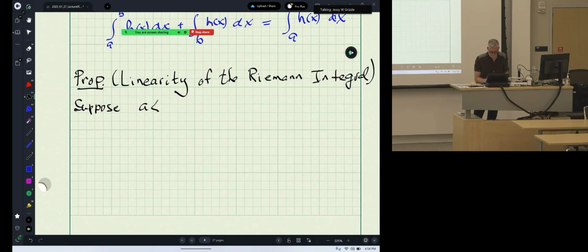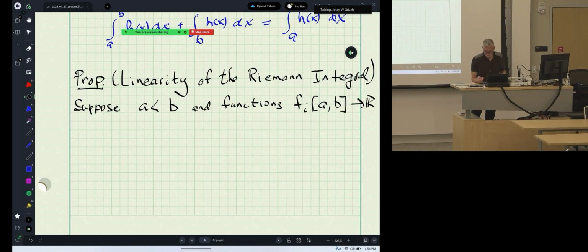Suppose we have an interval with a less than b and functions f sub i taking [a, b] to the reals, 1 less than i less than n.